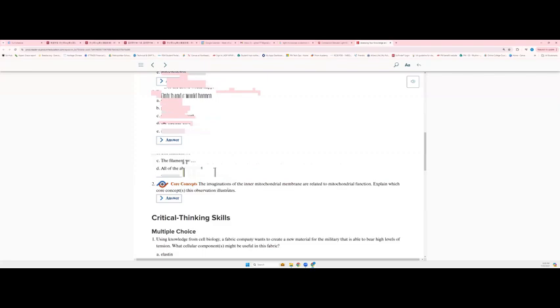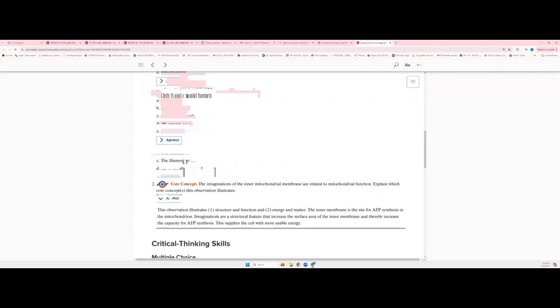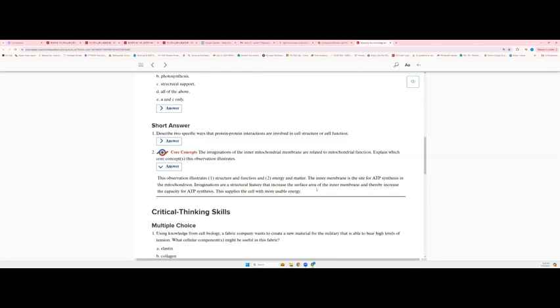The invagination of the inner mitochondrial membrane is related to... explain why. Okay, it's because the inner membrane is the site where ATP is synthesized in mitochondria.